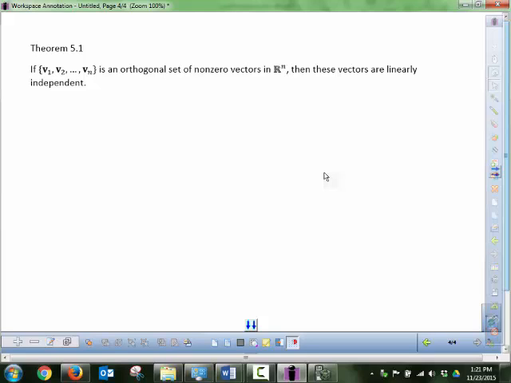So in terms of math, this would be a good proof by contradiction, because you can suppose that they're not linearly independent. And then you assume that they're not linearly independent, and then you'll get some sort of contradiction. Should we do it? Nah.